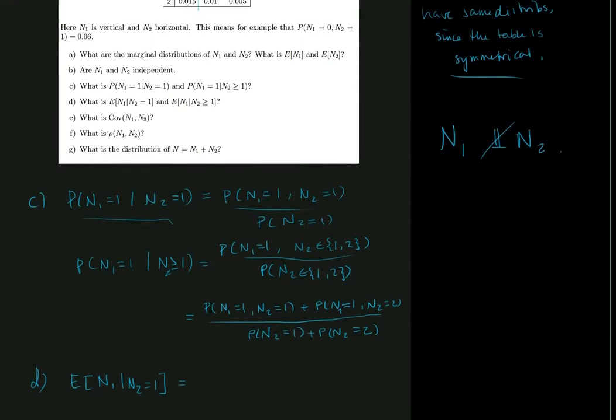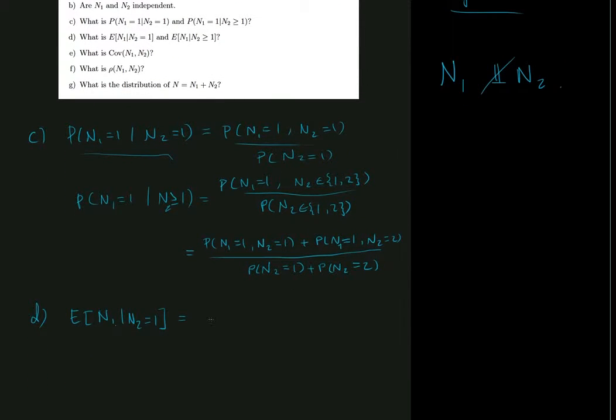The mean value of N1 given N2 is equal to 1 is equal to 1 multiplied by the probability that N1 is 1 given N2 is 1, plus 2 multiplied by the probability that N1 is 2 given that N2 is 1. Now we already know this value, right? Because we calculated it in C. So we just need to calculate this value.